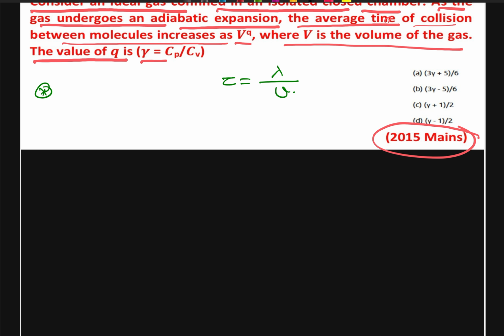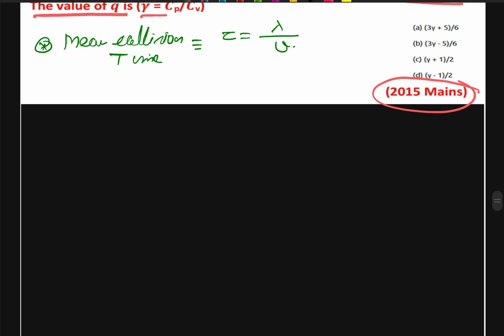So we can say mean collision time, that is our tau, and our lambda is our mean free path. Lambda is equal to 1 upon square root of 2 pi d square and n.